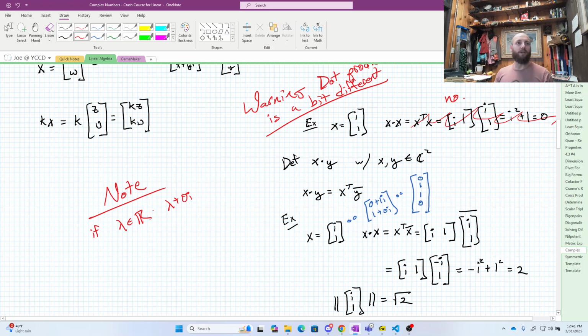So I can essentially include real numbers into complex numbers. So lambda in R is equivalent to lambda equals lambda conjugate. If I have a complex number that is its own conjugate, then that number is in fact real. This is going to be relatively clutch later.